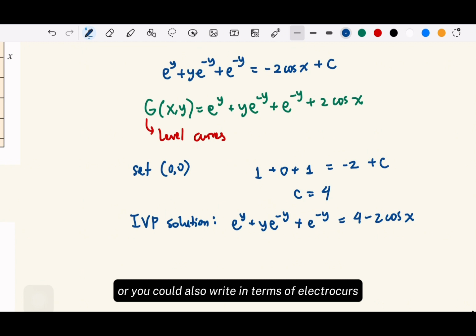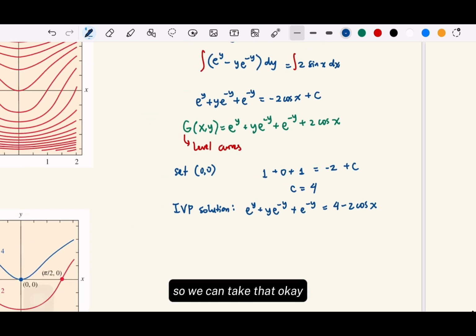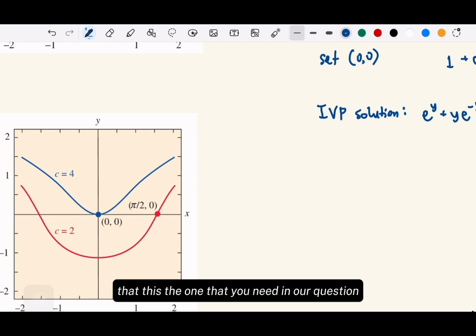Or we could also write in terms of a level curves, the c equal 4 means that we have the curve with the value of 4. Okay. And we can also determine through a graph if you would like to see in visuals. So we could take that that is the one that we need in our question.